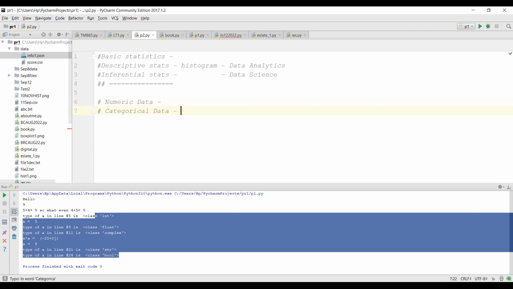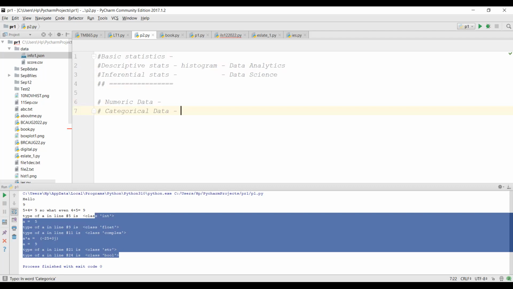We have a limited number of states. It could be 30 or it could be 60. In the case of the US, 54, I don't know, 55, or it could be 29, 30 in our case. Even though you have 30 options, your answer can be one of those 30 only. You cannot say something beyond that.